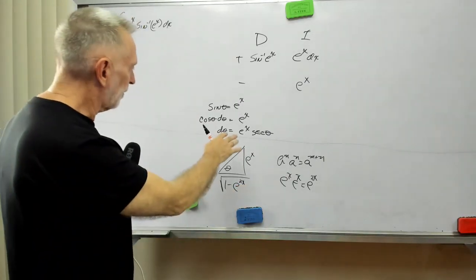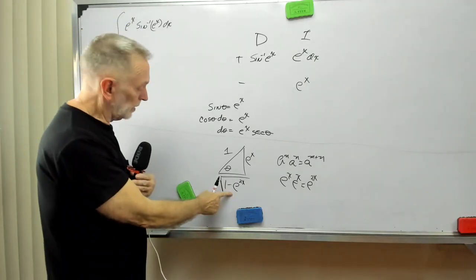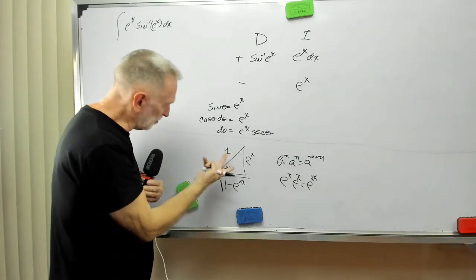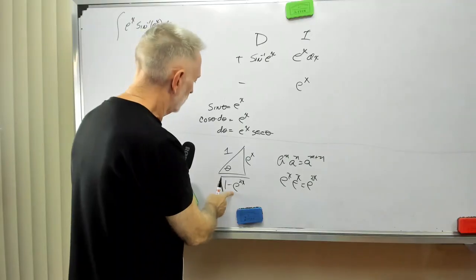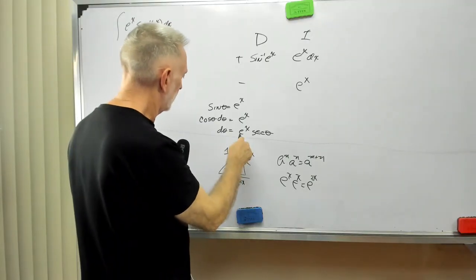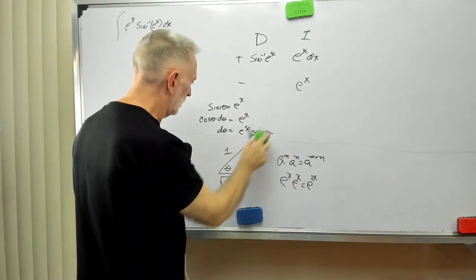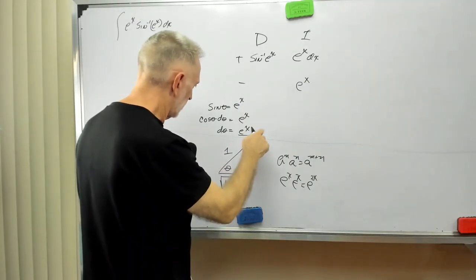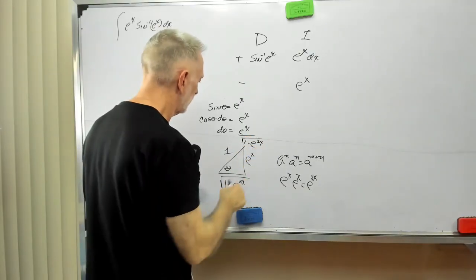Now secant theta: cosine is the adjacent over hypotenuse, and secant is the opposite of that. It's the hypotenuse over this. So what do I have? d theta is e to the x over secant theta, which is 1 over the square root of 1 minus e to the 2x.